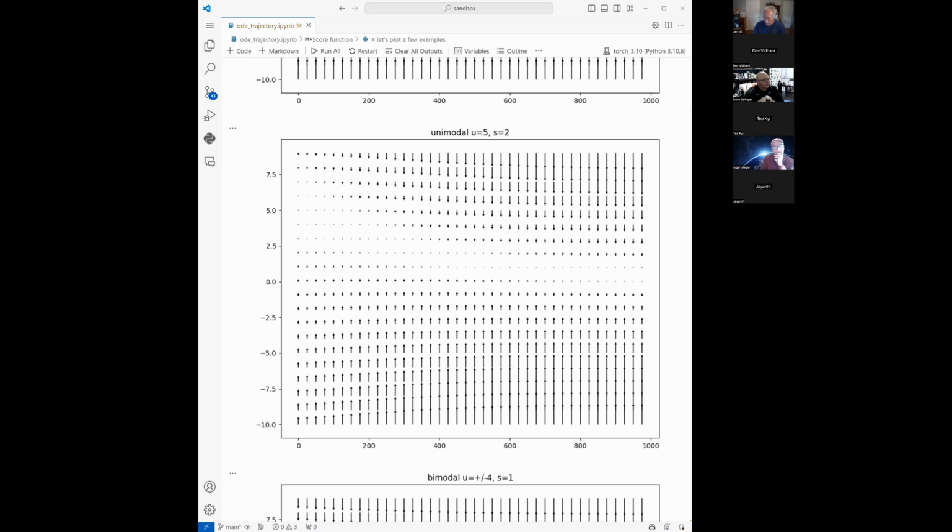This also assumes that there's no interaction. I only have one dimension, so you can't have interactions between dimensions.